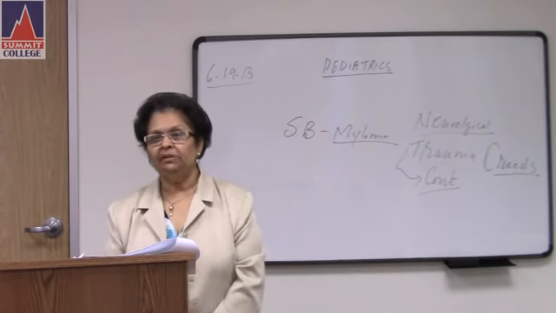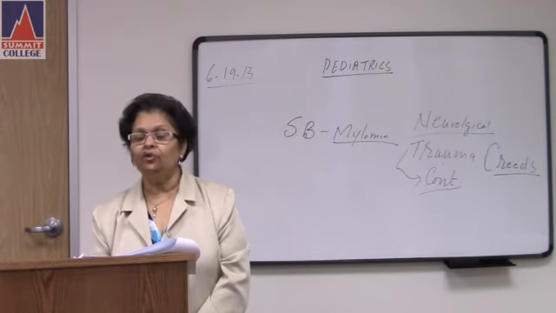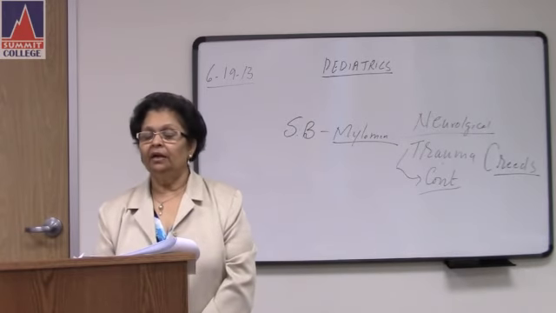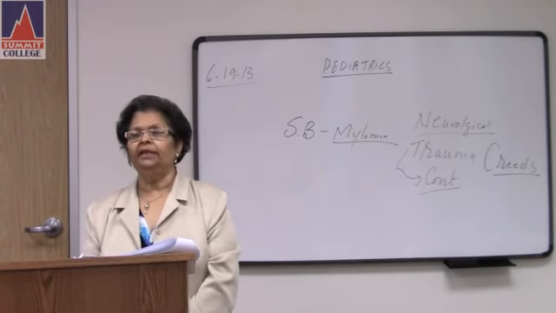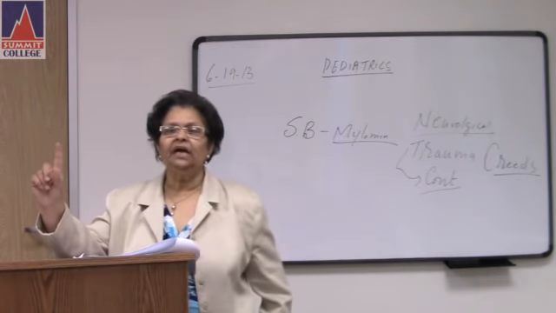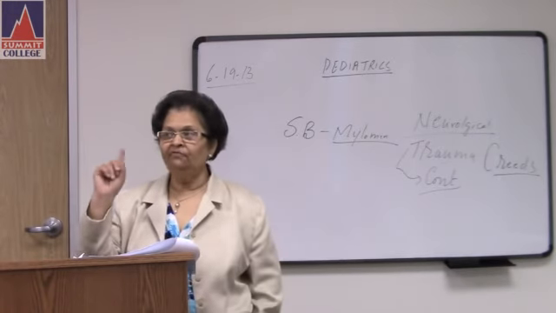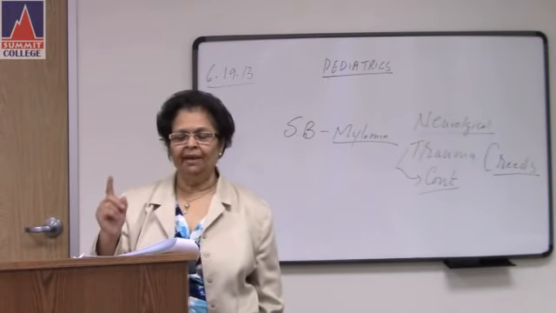You do a lumbar puncture. What do you find? Cloudy fluid. Underline the word: everything is increased, but the third line, decreased glucose. Only for meningitis. This answer is only for meningitis.